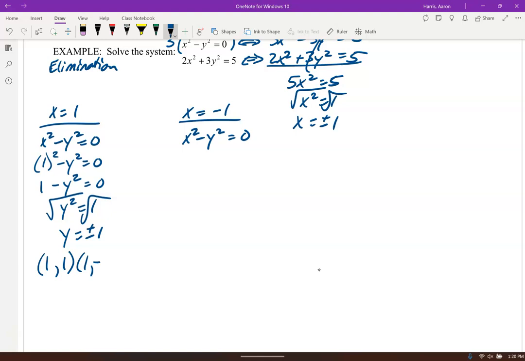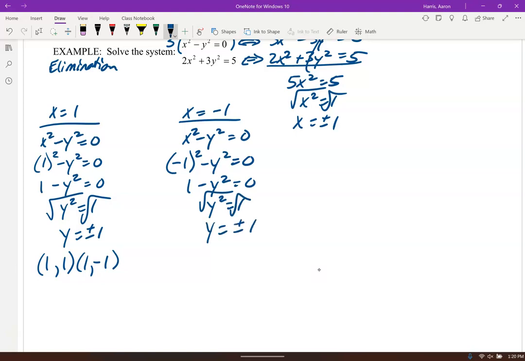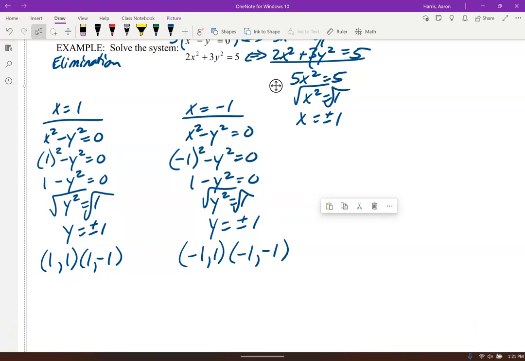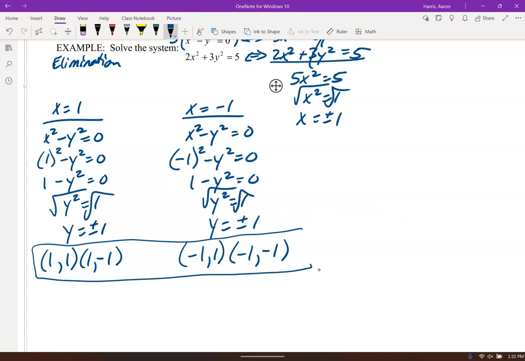When x is 1, I also get -1 for y. Let's do it over here when x is -1. Looks like we get a plus or minus y here. So when x is -1, I get a positive y, 1. When x is -1, I also get a -1 y. Again, it's got to satisfy both, so I could throw it into the other one, and it still will spit out those points.